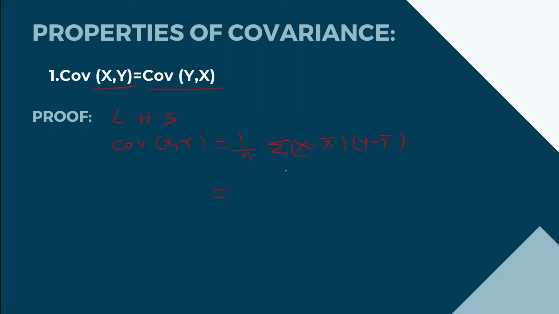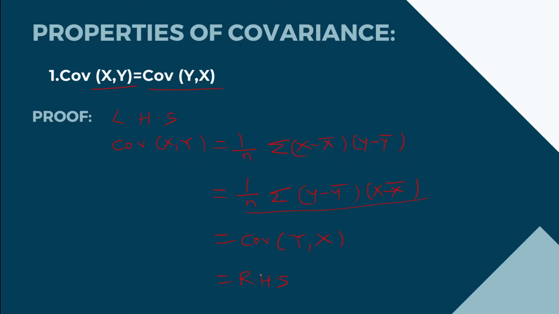Now rearrange the product as 1 upon n sigma yi minus y bar into xi minus x bar. So this is nothing but covariance of y and x, which is equal to right hand side.